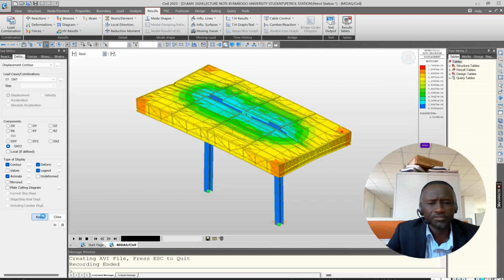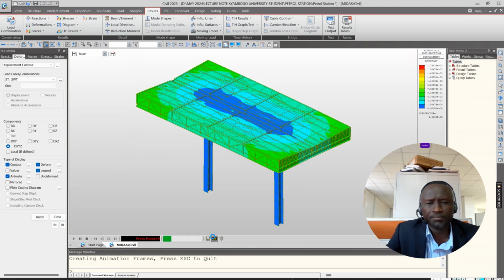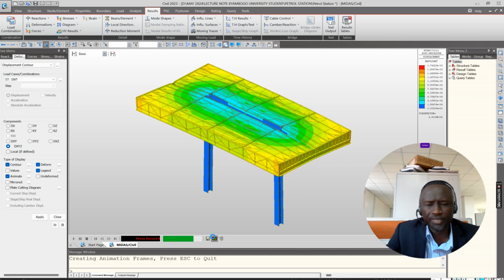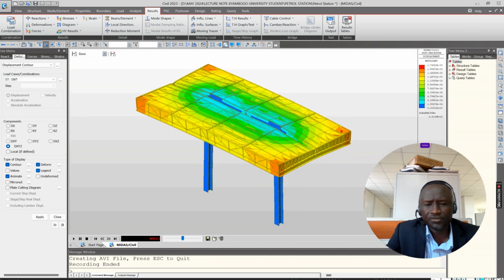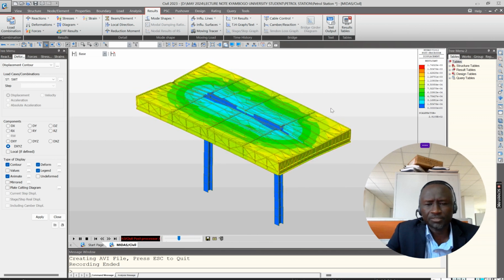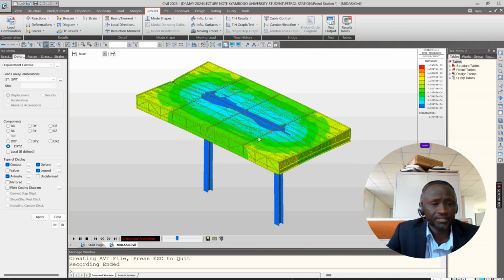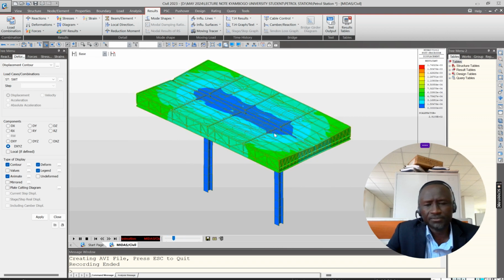If you look at the deformation effect, you will see that this thing tends to flap up and down because of the weight. And if you don't connect very well, then this cantilevering support can easily give way and the structure fails. This is something you need to take note of.